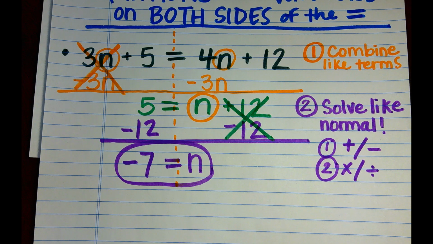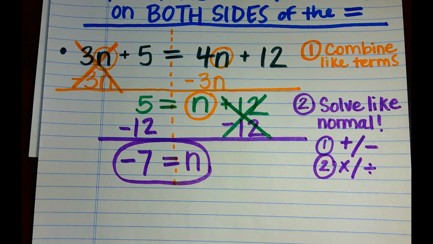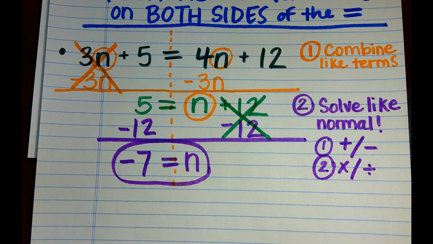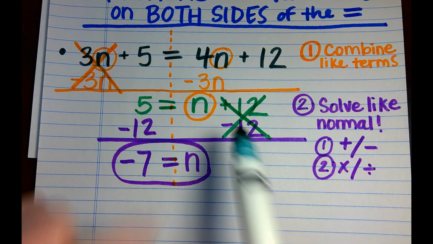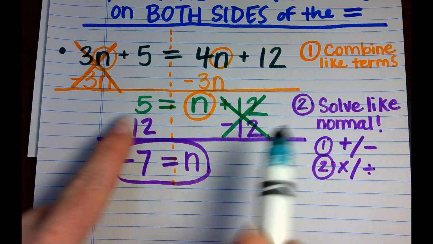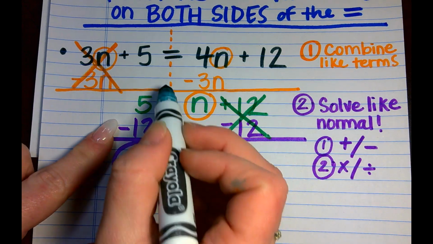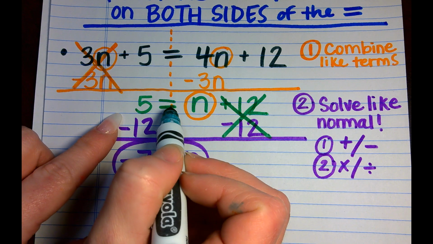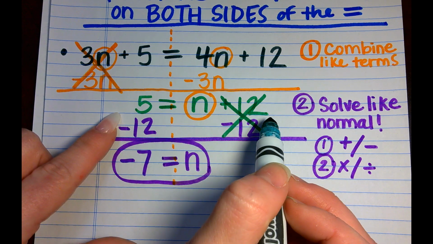Now, before we try another one, does anyone have questions about everything we just did? Yes. How did you know to subtract 12 instead of 5? That's a good question. So we saw at this step that I had 5 equals n plus 12.